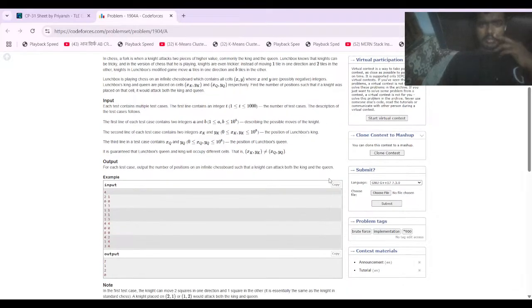Find the number of positions such that if a knight was placed on that cell, it would attack both the king and queen.